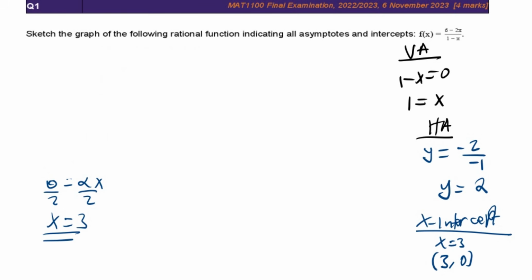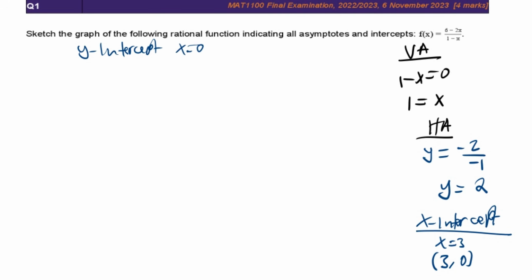Let us go ahead and find the y-intercept. To find the y-intercept, x should be equal to 0. So you have y equals 6 minus 2x, divided by 1 minus x. So y will be equal to 6 minus 2, where there is x put 0, over 1 minus 0.